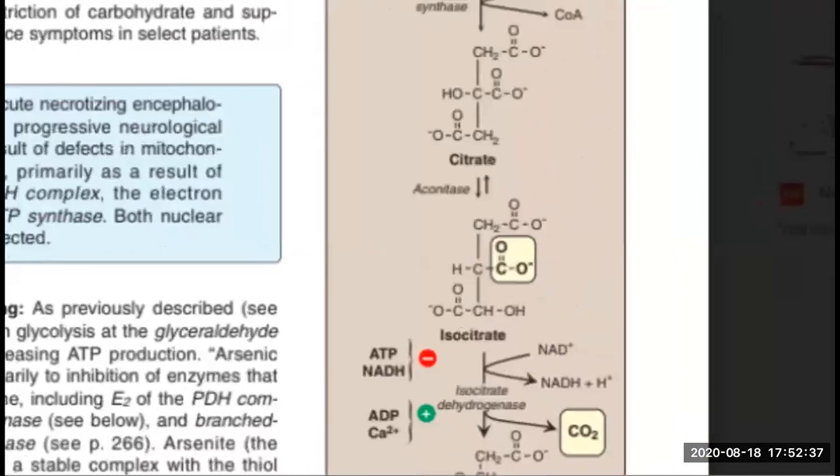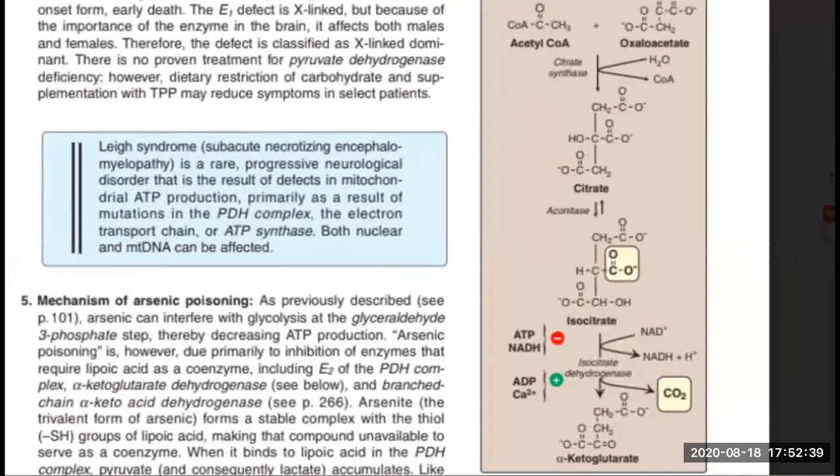See this picture. What's going on is, you see acetyl-CoA. This is your acetyl-CoA, which was converted from pyruvate.